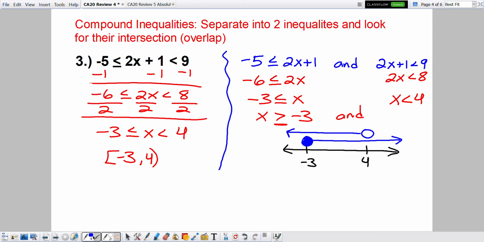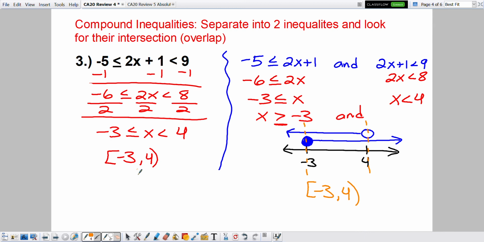And so where it overlaps, where it intersects, is from -3 to 4. It includes -3, so you really would say it's from -3 to 4, like this. Same answer as over here, just another way of doing it.